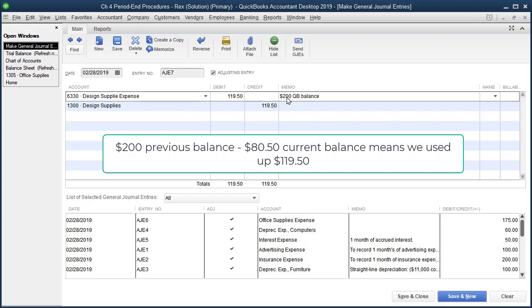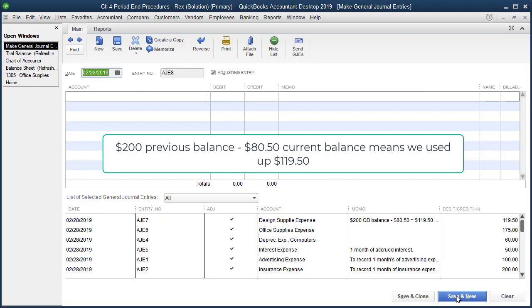So in other words, we had $200 according to QuickBooks, but we have to subtract the amount on hand, 80.50, and that gives us 119.50 of design supplies used. So it's required that you have a memo explaining how you calculated the $119.50. I'm going to click Save and New.